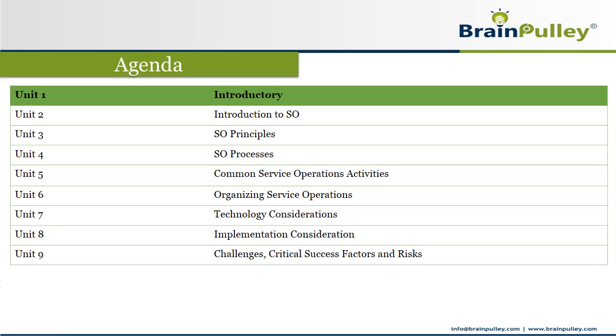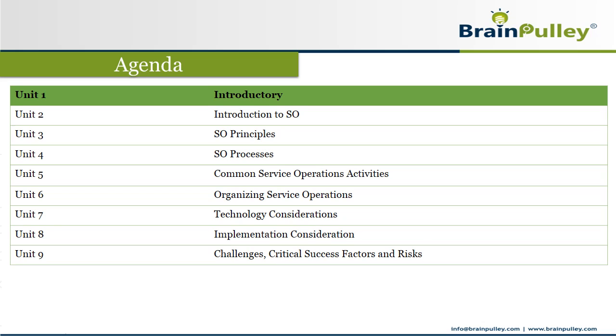Then in Unit 8, we will look at implementation consideration, that is, implementation of service management as a concept. Then we'll sign this off with discussing challenges, critical success factors, and risks as a part of Unit 9.